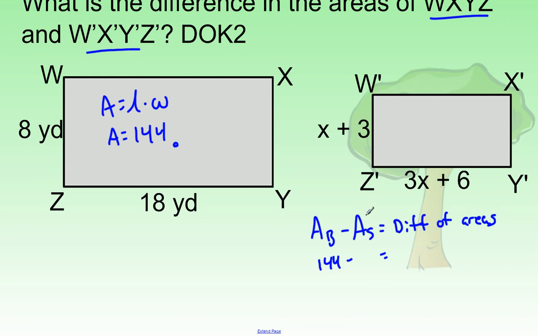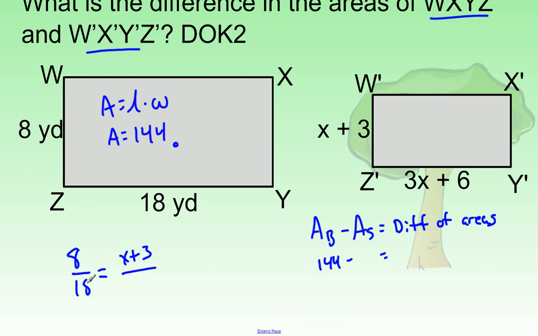In order to find the area of this small rectangle, I need to know what this x is, because I need to know how long those sides are. So let's find the x. Well, since these shapes are similar, let's use a proportion. 8 corresponds... Oh, I should do it this way. Same idea, different way of writing it. 8 corresponds to the x plus 3.